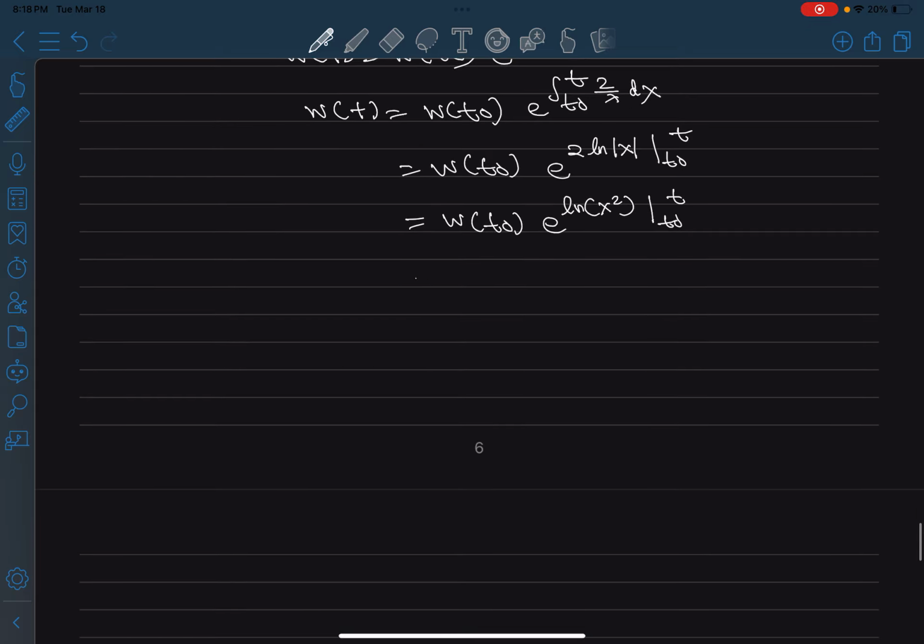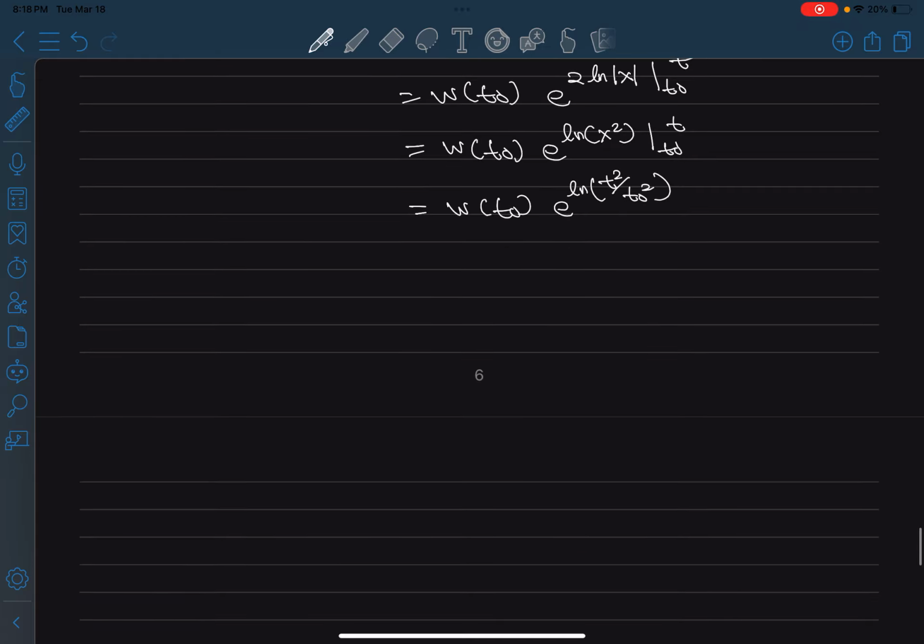And that becomes e to the power ln of t square by t naught square, right? And e to the power and ln cancel out, and that gives us some constant times t square. And that's the Wronskian.